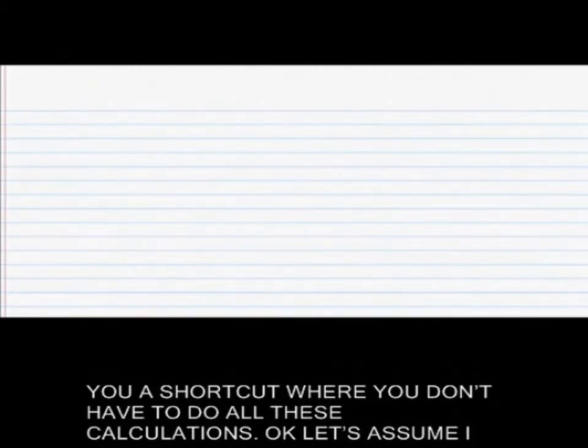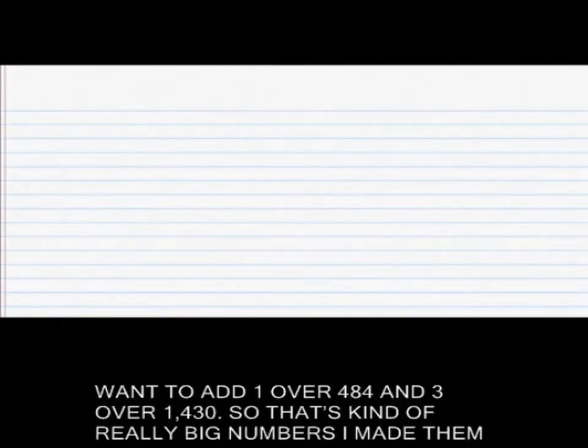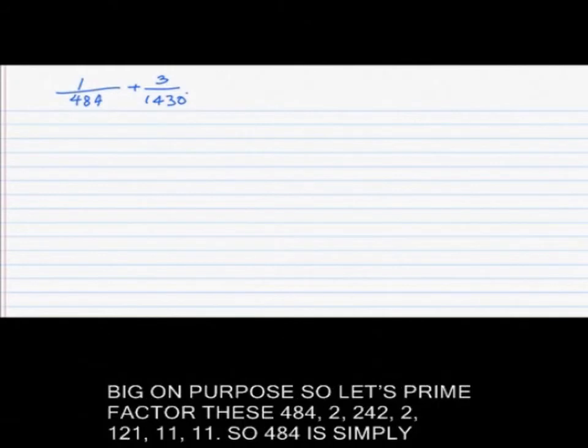Okay, let's assume I want to add 1 over 484 and 3 over 1,430. So that's kind of like really big numbers. I made them big on purpose. So let's prime factor these. 484, 2 242, 2 121, 11 11.